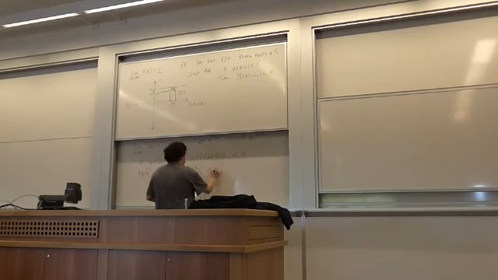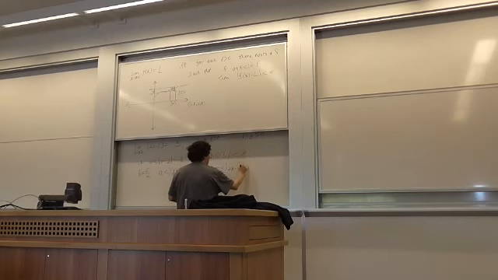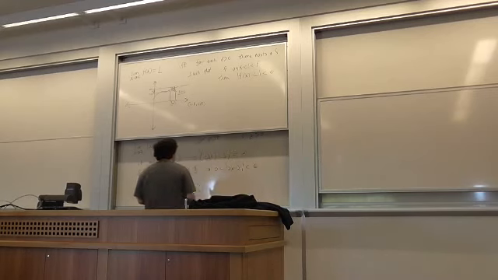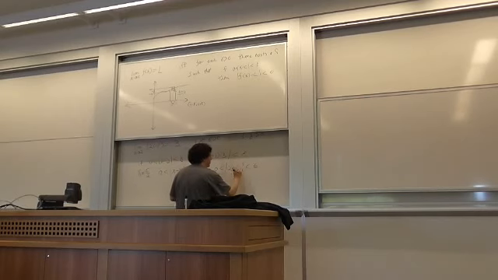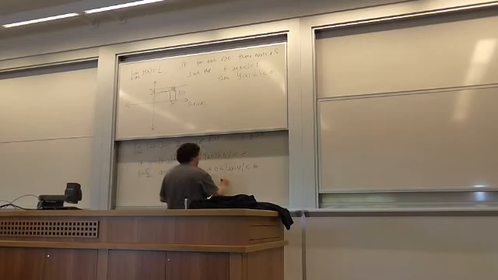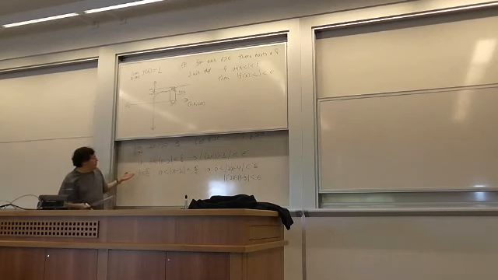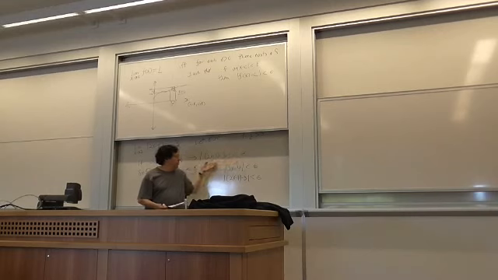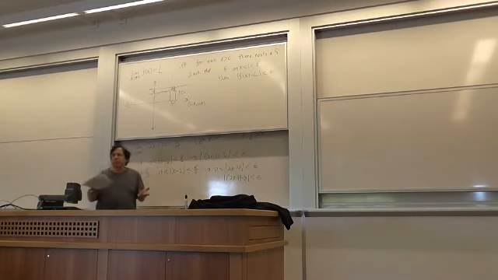Well, I can conclude that 2 times the absolute value of x minus 2 is less than epsilon. I'm sorry, less than 4, right? But that means the absolute value of 2x minus 1 minus 3 is less than epsilon. So by merely picking the right delta, I've shown that this condition is satisfied and the proof is complete.